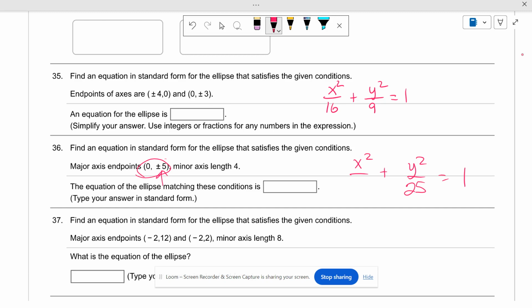Okay. The minor axis has a length of 4. So from the center to here, if the whole thing is 4, it's 2 and 2, right? So the b is 2. What's 2 squared? 4. So b squared is 4.